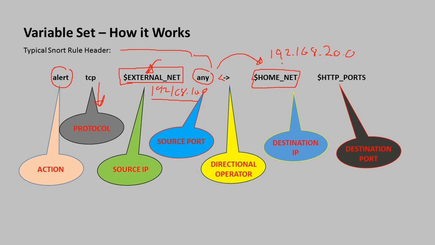What is inside it? This is network 20.0, this is VLAN 20. So it will do the action between these two, inter-VLAN routing, using the HTTP ports. And this can be any, or you can put the HTTP ports.